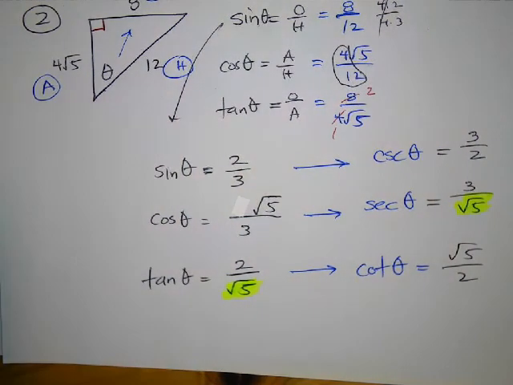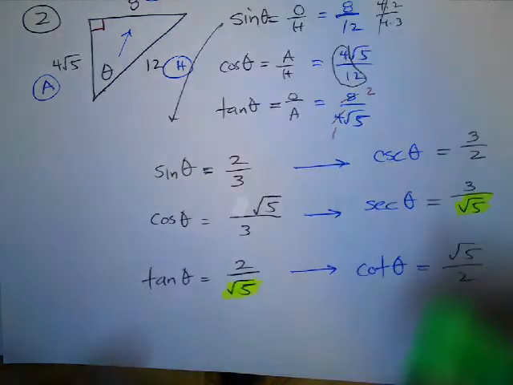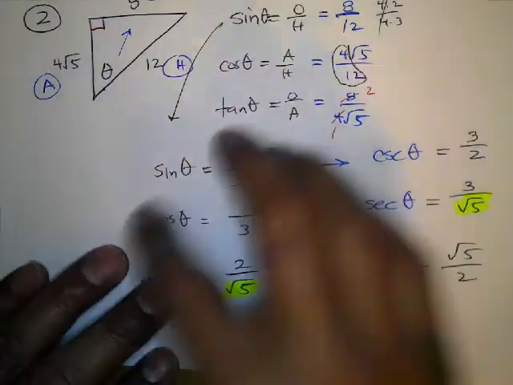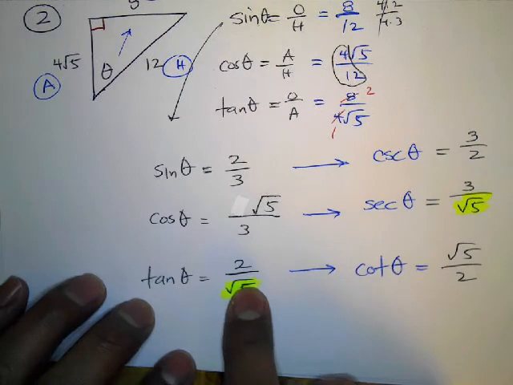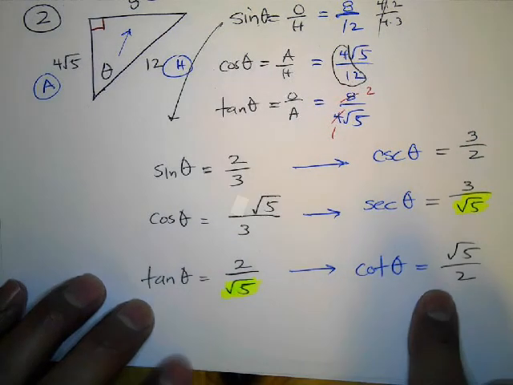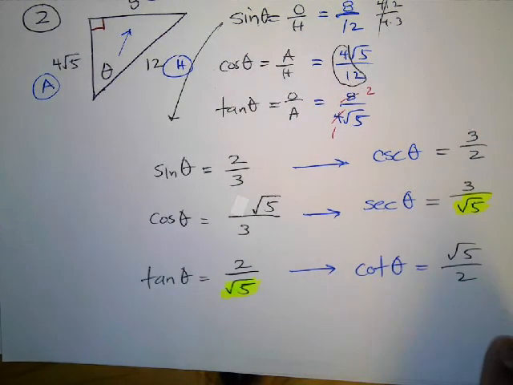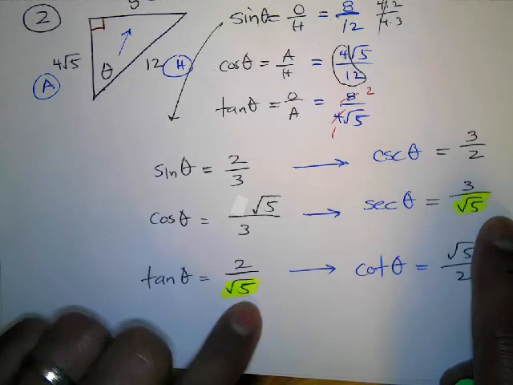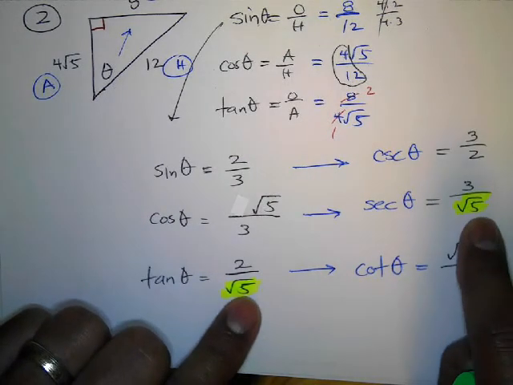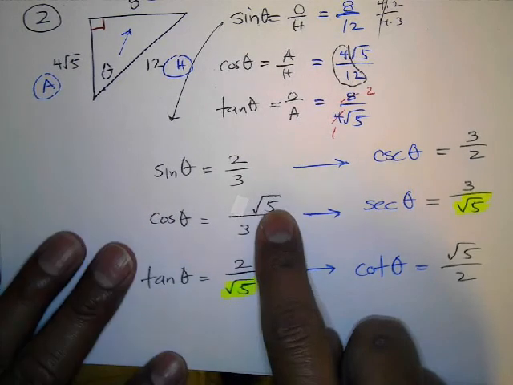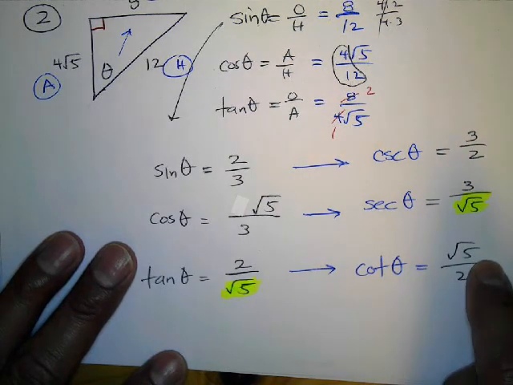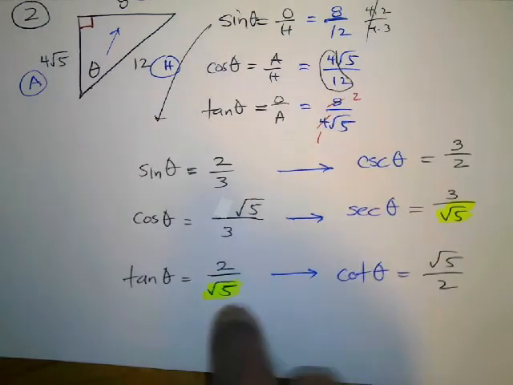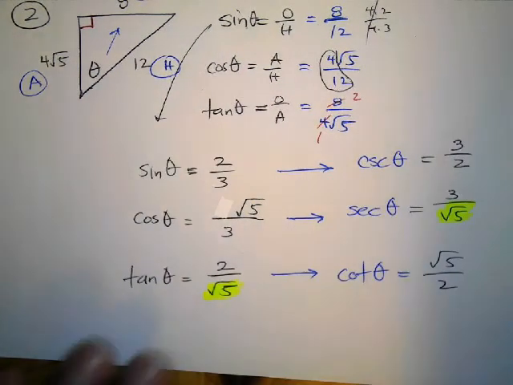When it's in the denominator. You see? But do that till the very, very last. Do this all. So don't try to fix it here before you get cotangent. Just get them all out first, and then you take a look last and see which ones need to be fixed. These two need to be fixed. This one's fine. It has a square root on the top. This one's fine too. It has a square root on the top.